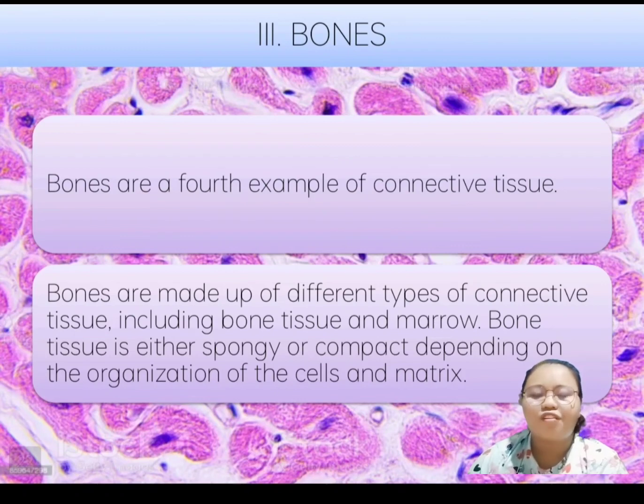And just always remember that bones are made up of different types of connective tissues, including bone tissue and marrow. Bone tissue is either spongy or compact depending on the organization of the cells and matrix.